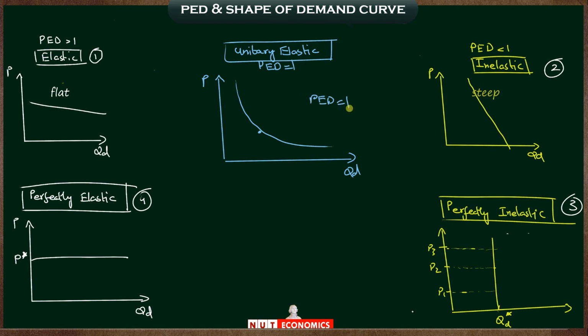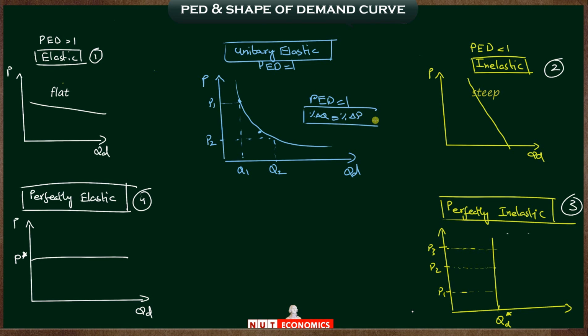Moreover, for some of the more complicated questions, also remember that if you start from any point on this demand curve which is reflecting a price elasticity of 1, then at this point, let's say price is P1 and quantity is Q1, and then you change price to any amount, let's say P2, then the new quantity demanded will be Q2. Since this hyperbola is telling you that price elasticity of demand is equal to 1, we know that the percentage change of quantity is always going to be equal to the percentage change of price.